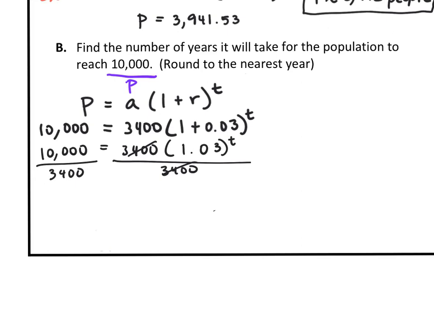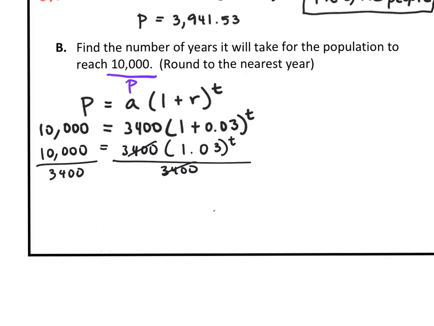And if I divide 10,000 by 3,400 in your calculators, it's 50 over 17, I think. But as a decimal, let's see, 2.941. But let me keep it as a fraction.